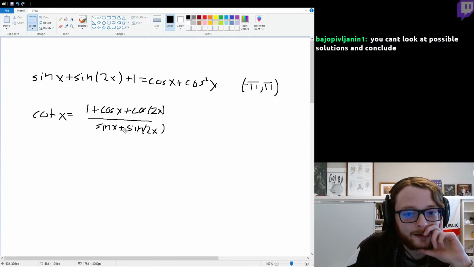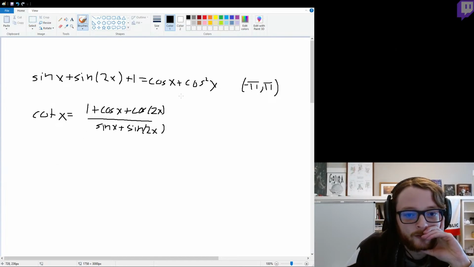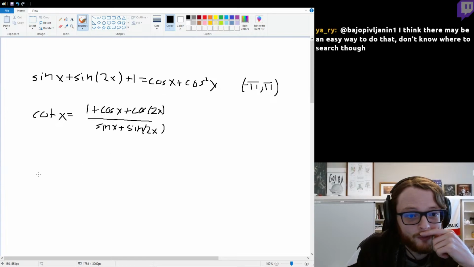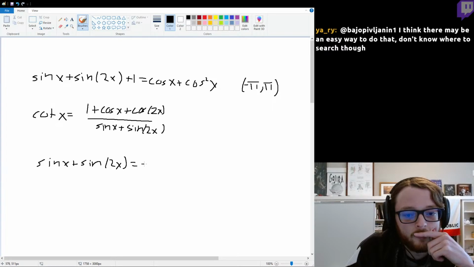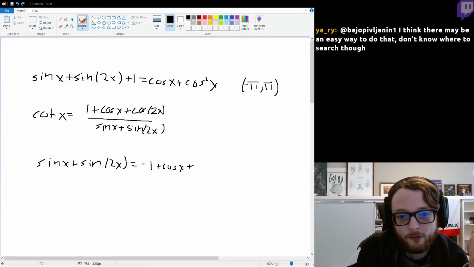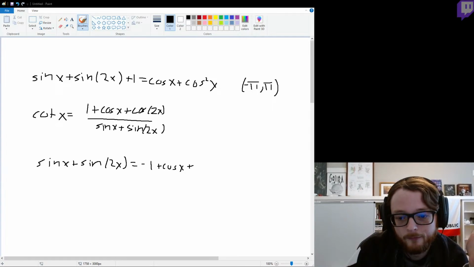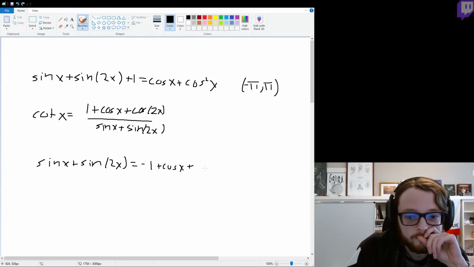Okay, yeah. So can we engineer this situation? We're nearly at this situation just with the equation as it is written. Let's subtract the 1 to the other side. Minus 1 plus cosine x plus, now cosine squared x, we do have to do a half angle here, double angle, half angle: 1 plus cosine 2 theta over 2. 1/2 plus 1/2 cosine 2x.